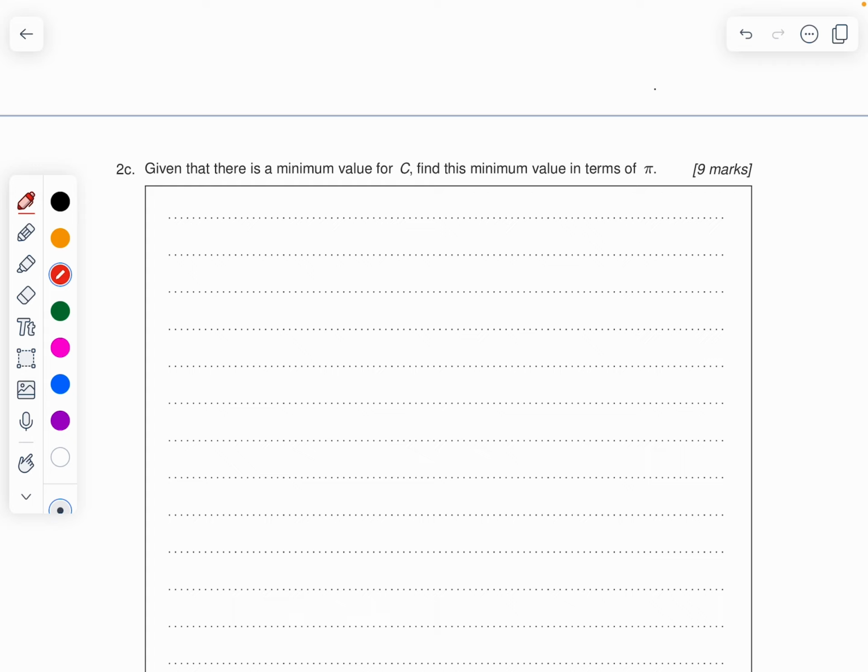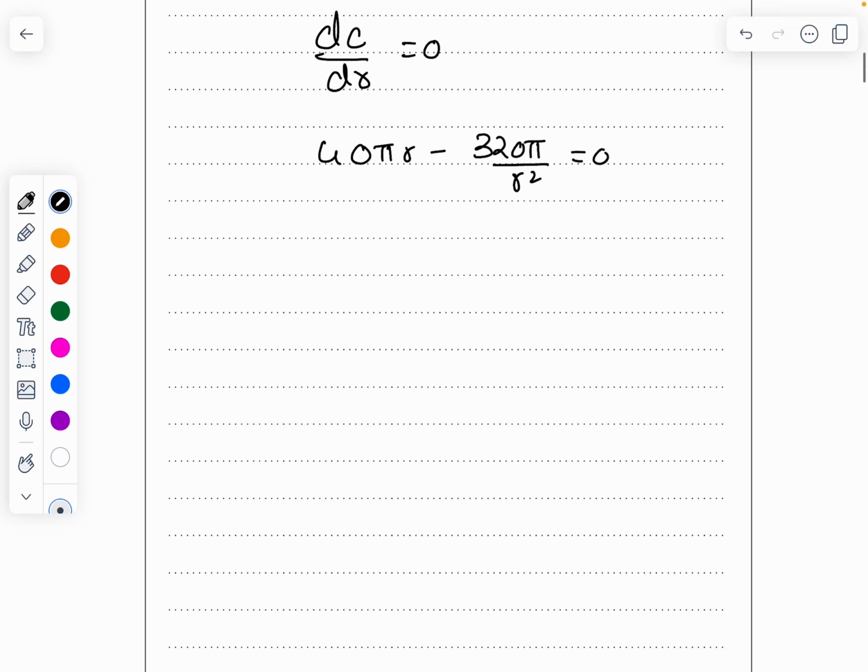So for that, dc by dr should be equal to 0, which equals 40 pi r minus 320 pi upon r square, equal to 0. So 40 pi r equals 320 pi upon r square.